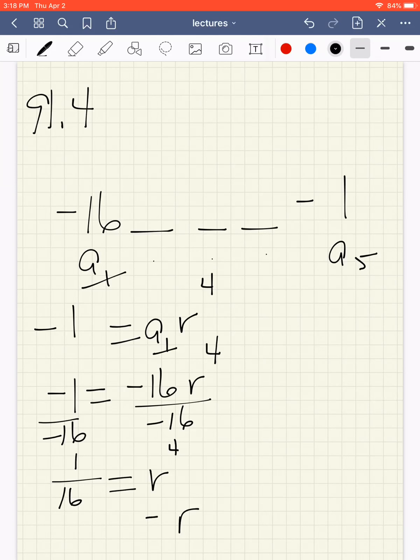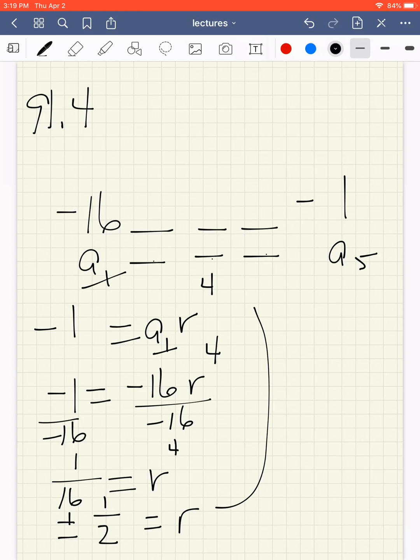So r, it's an even numbered power again, so we're going to end up with plus or minus. The 4th root of 16 is 2, so it's plus and minus 1/2. So I go back up here, and because it's plus and minus, I'm going to just put another set of lines there, because I do have two sets of geometric means in here.